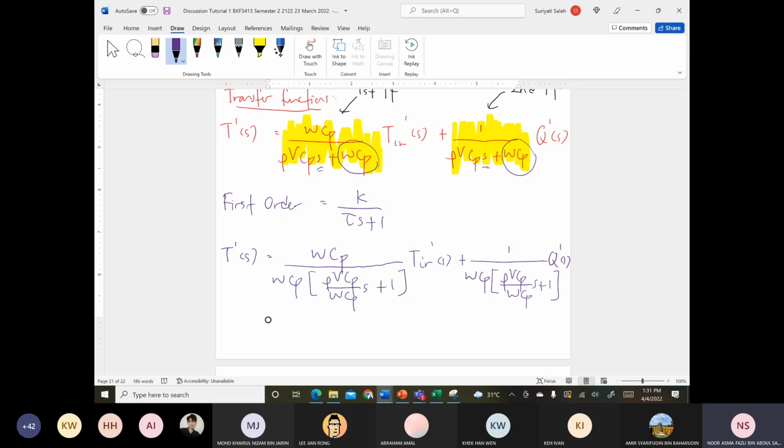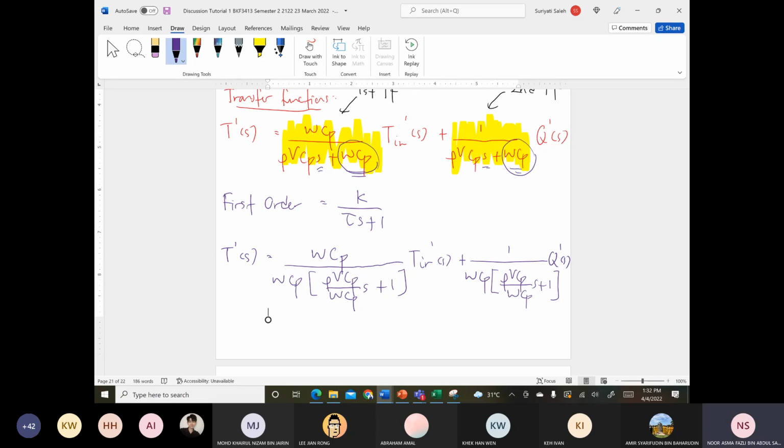Alright. So here I need to convert my transfer function to represent the form of first order, where the first order is K over tau S plus 1. So now the objective is to make sure my denominator becomes plus 1. So that's why I have to divide by WCP in order to eliminate the WCP inside the original transfer function.